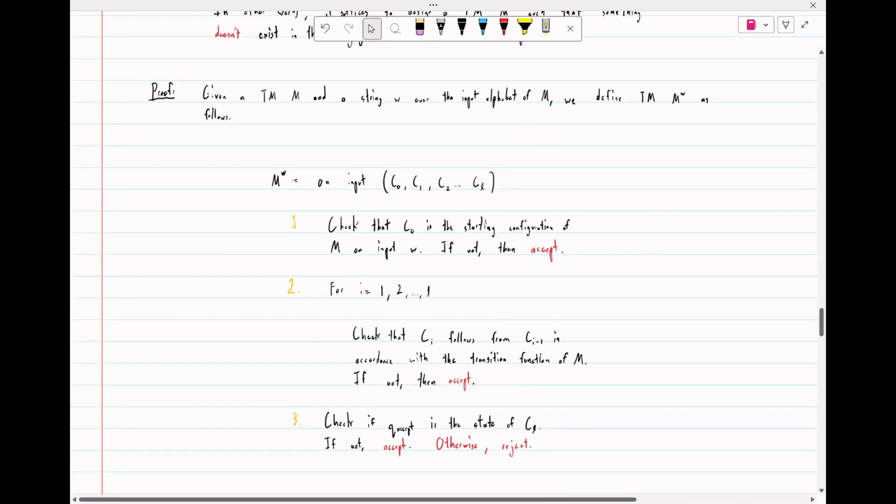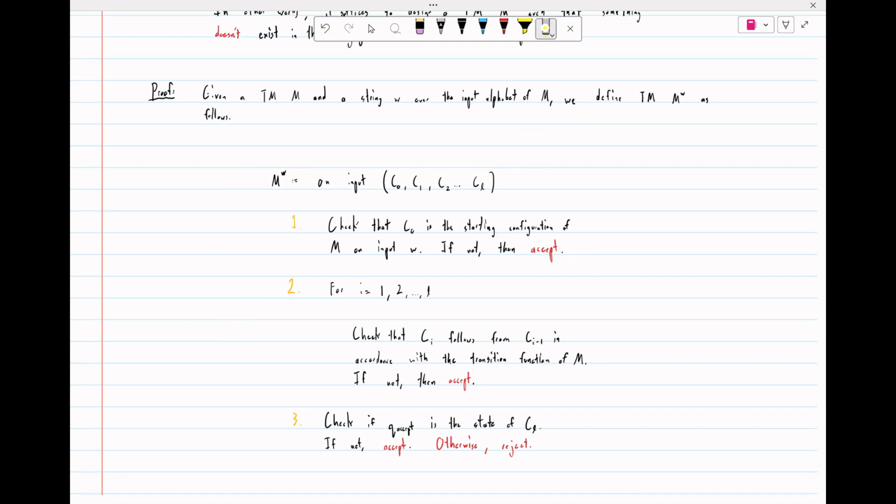So the description of our Turing machine MW that does this looks very similar to what we did before, except now I'm still checking these three conditions to see if this is an accepting computation, except whenever I violate one of these conditions, instead of rejecting, I'm going to accept.